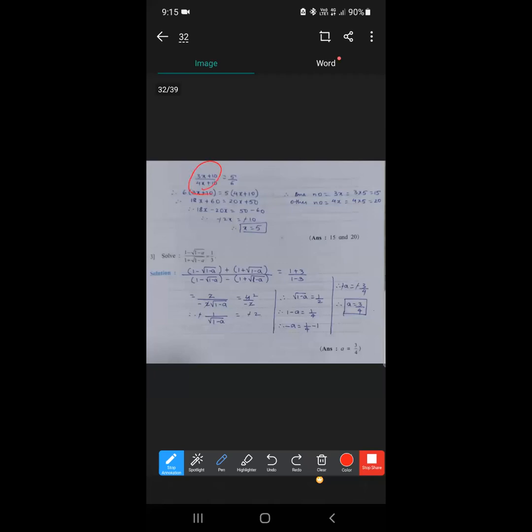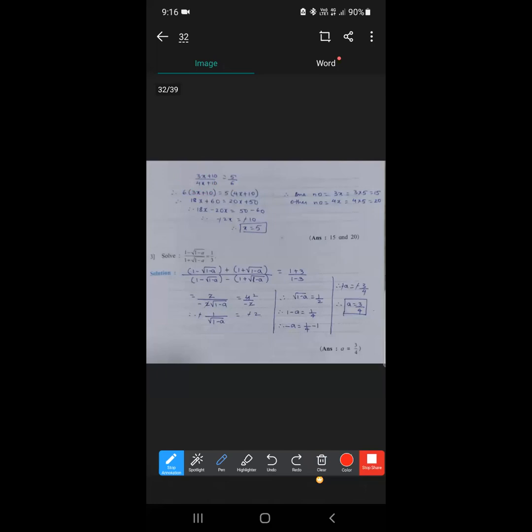After adding 10, the new ratio is 5/6 or 5:6. This is the ratio we have formed according to the condition given in the question. Now we will solve this. 3x plus 10 upon 4x plus 10 is equal to 5/6.